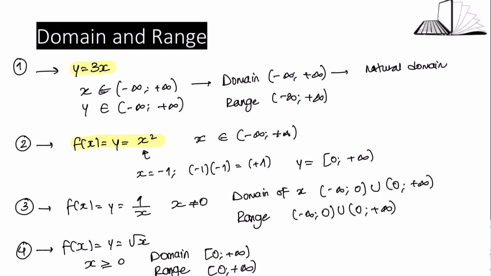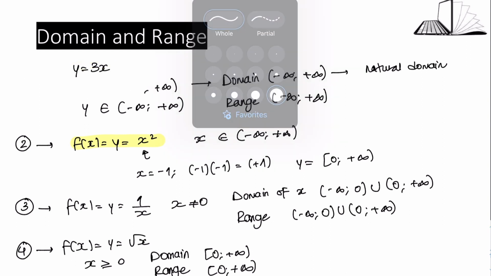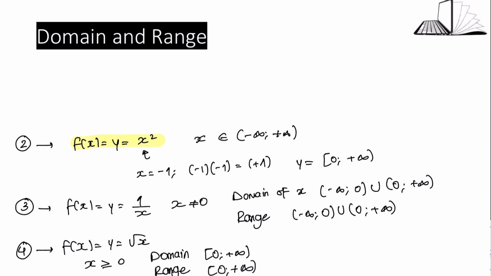Now, things can become more complicated. Let's take this example. In example 5, if I have y equals radical 4 minus x, and I need to know how the x values vary, what's the domain of this function and what's the range? Well, I can say that 4 minus x should be more than or equal to 0 because it's under the square root.